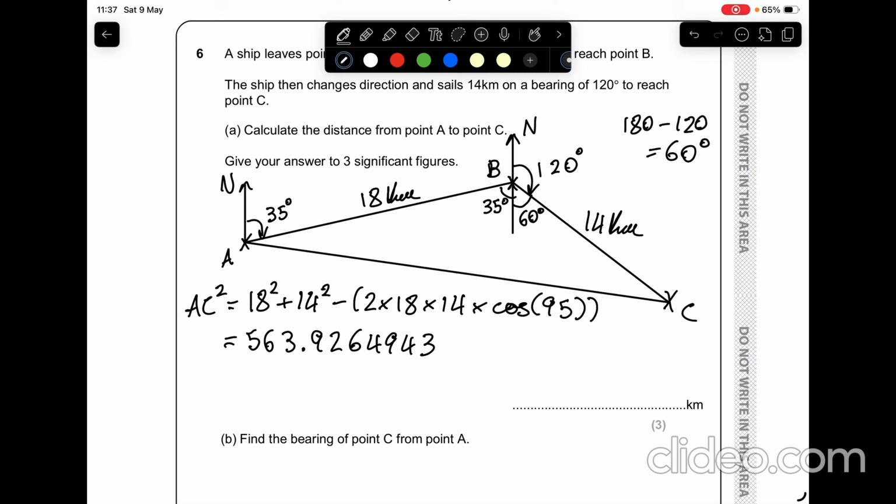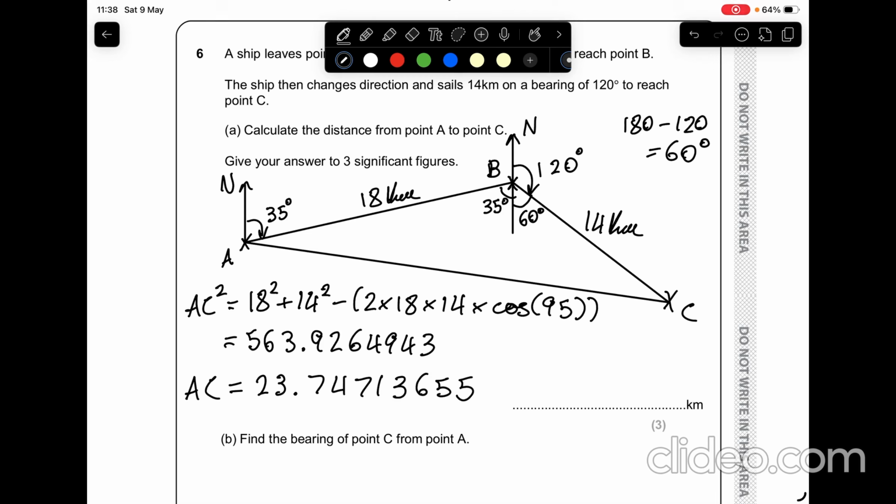Remember, we don't round until the very, very last step to make sure that any loss in accuracy does not follow through to the final answer and lose us that accuracy mark. So that means that AC is the square root of that, which again, you'll just put in your calculator, and that gets you 23.74713655.